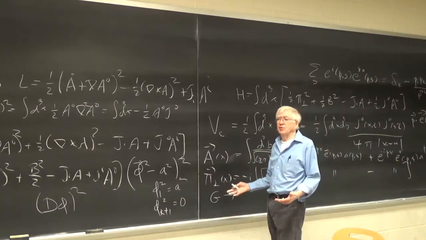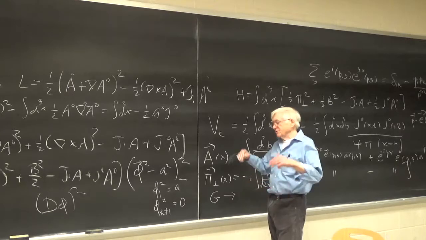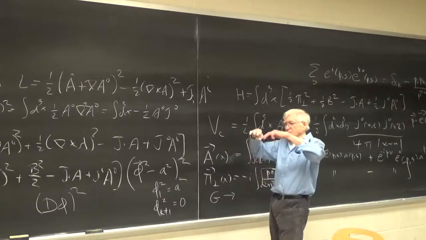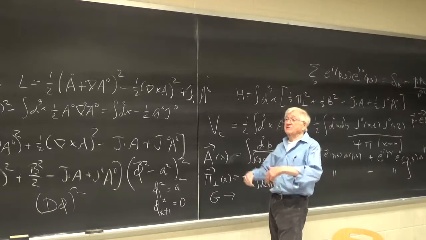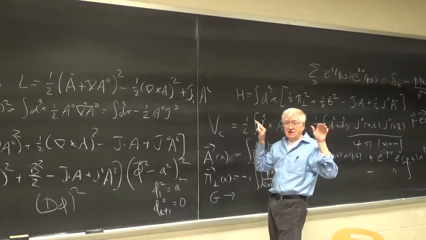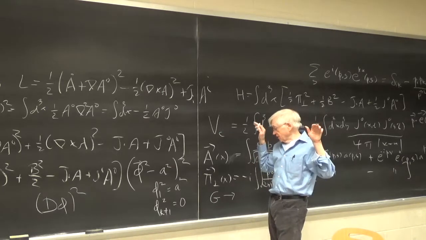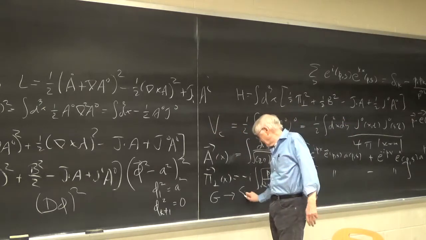Depending on what sort of space you're talking about, you could be talking about two-dimensional space, in which case it's a circle. You could be talking about three-dimensional space, in which case it's the surface of a two-sphere. Or you could be talking about Euclidean space, and you want something that has finite Euclidean action, in which case you are talking about the three-sphere at infinity. So you're going into Sn.